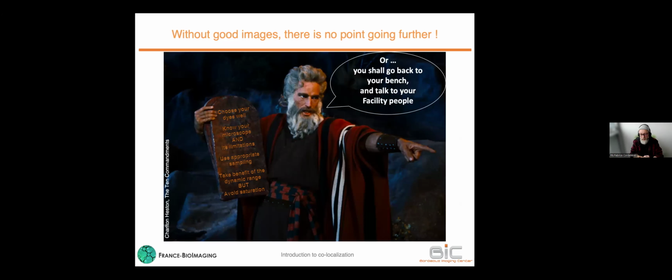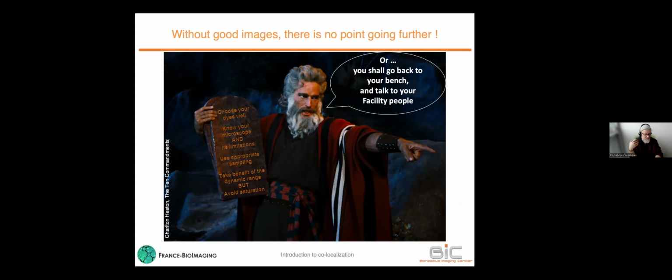And this is quite important. In image processing, we are not magicians. We are just dealing with the kind of data we are collecting. So if we don't get a good data set, well, there might be some little correction that we might do, but we can't create signal where it's not.